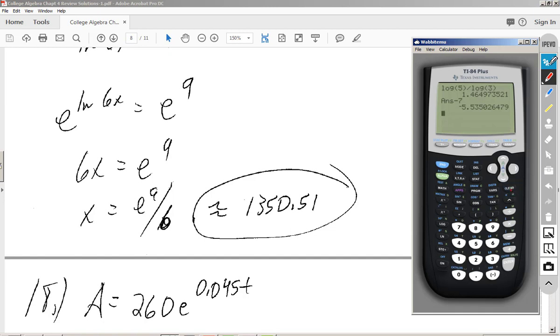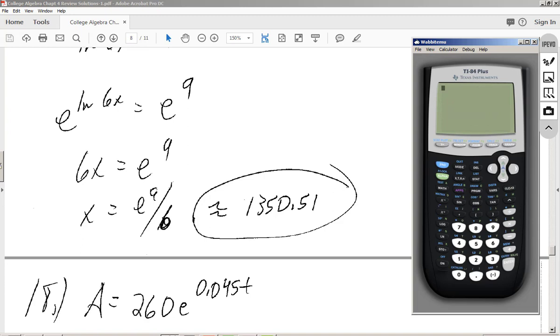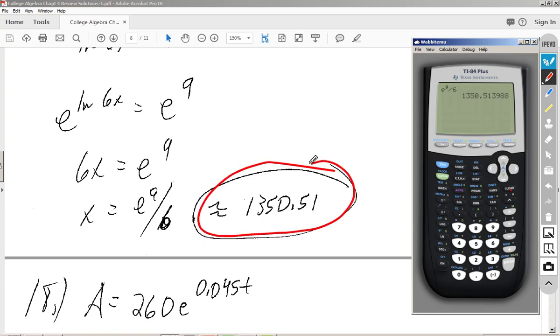So on my calculator here, hit your E key, so hit second function. Remember, E is above the ln. Type in 9 for your power, and go ahead and divide that by 6. Hit enter, and your answer comes out to be 1,315.51.